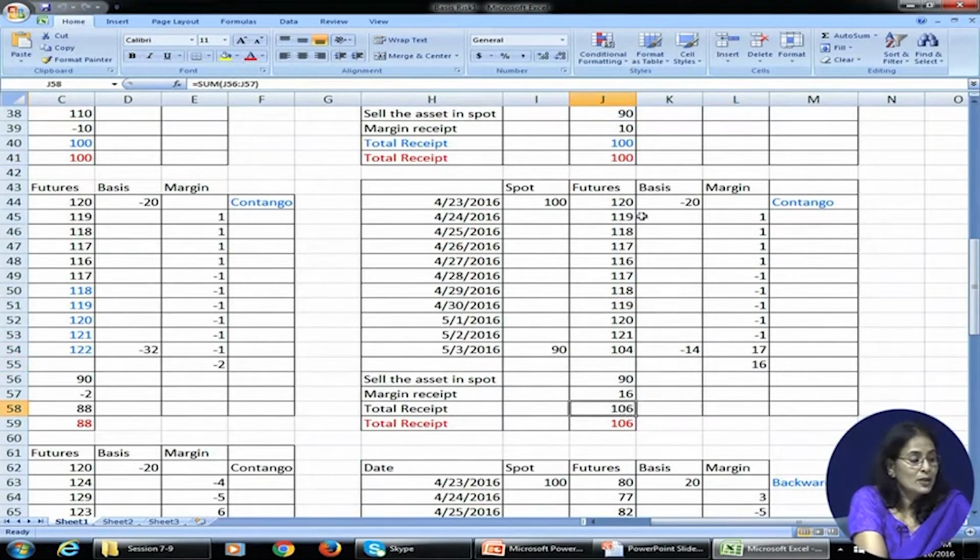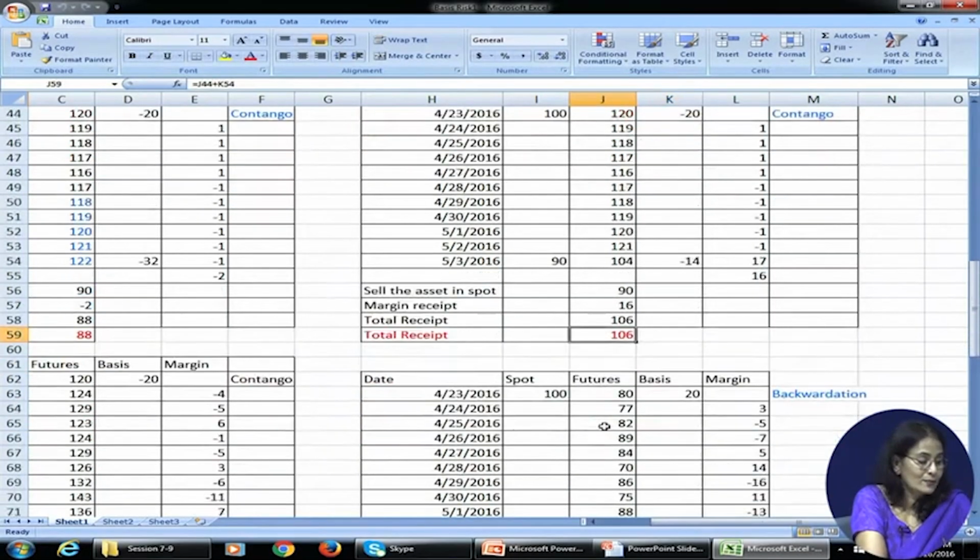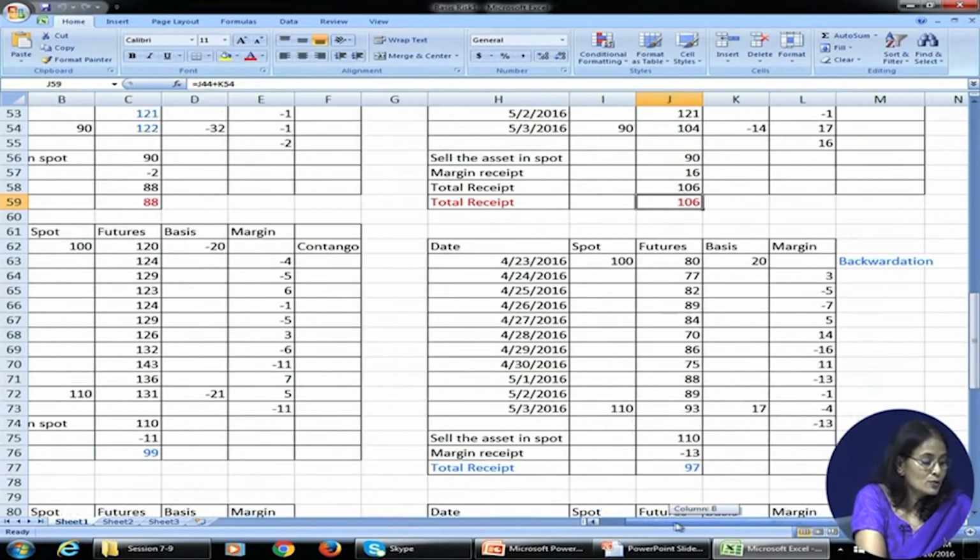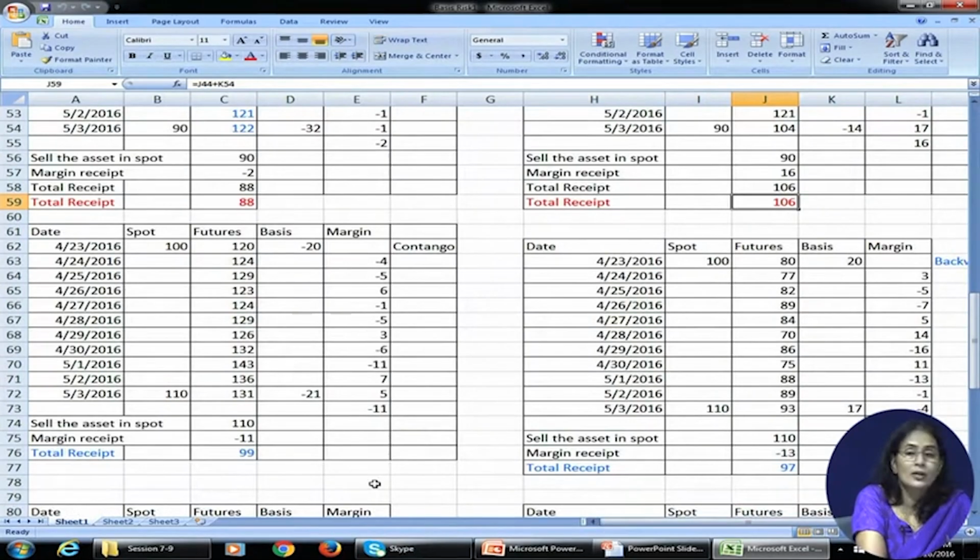Again, let me repeat, this 106 can also be arrived at from F0, that is the futures price prevailing on the contract initiation date, and the basis prevailing on the contract squaring up date. So that is 120 minus 14, that comes to 106. I have also taken similarly different combinations.